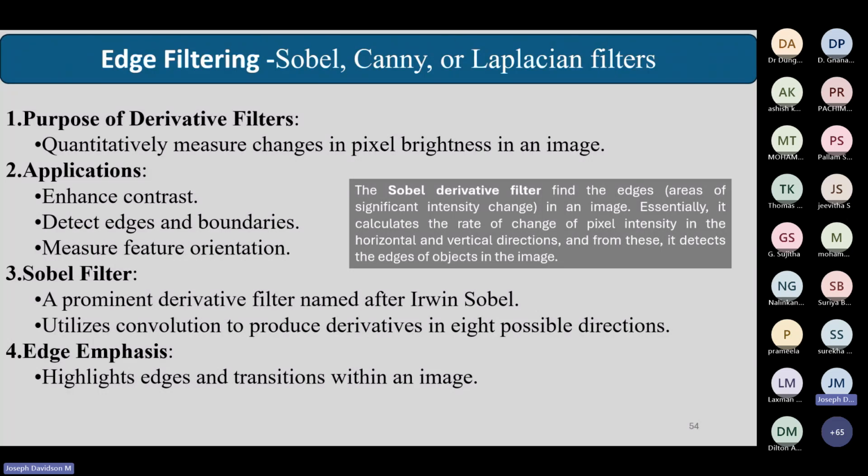How it finds it: basically, this Sobel derivative is a derivative filter. Whenever there is an edge, the area closer to that edge will have a significant intensity change. Am I right? That's why we are able to see a boundary or an edge.